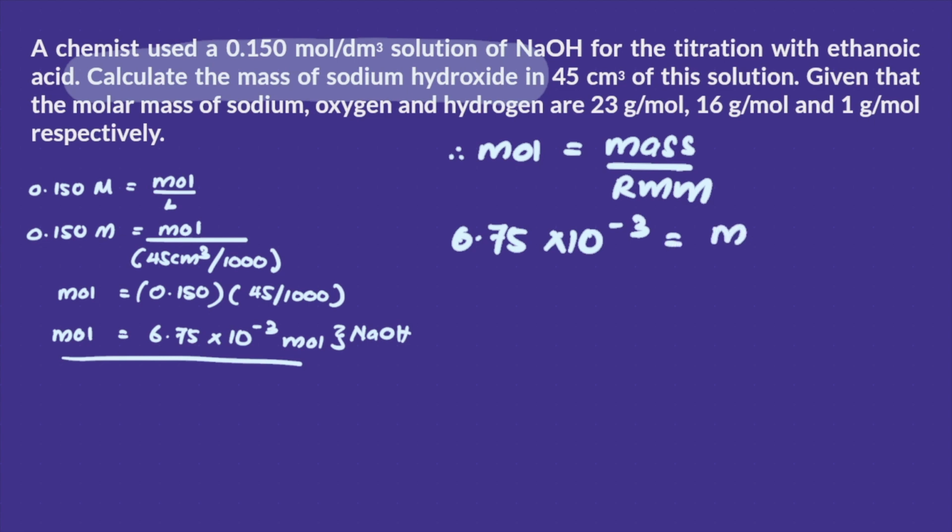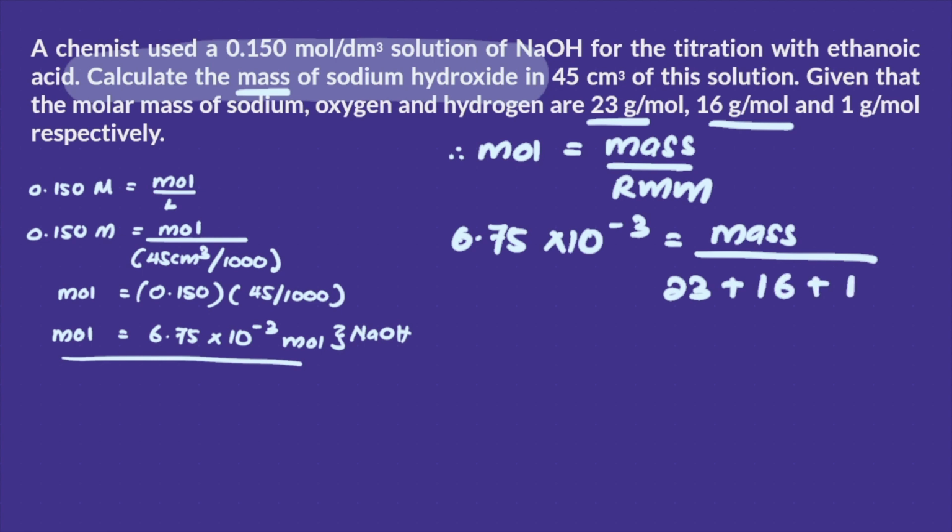And the mass is what you want to calculate. You were asked to calculate the mass. So the RMM for NaOH given to you is the molar mass of sodium, which is 23 plus OH. So your O is 16 plus your H is 1.